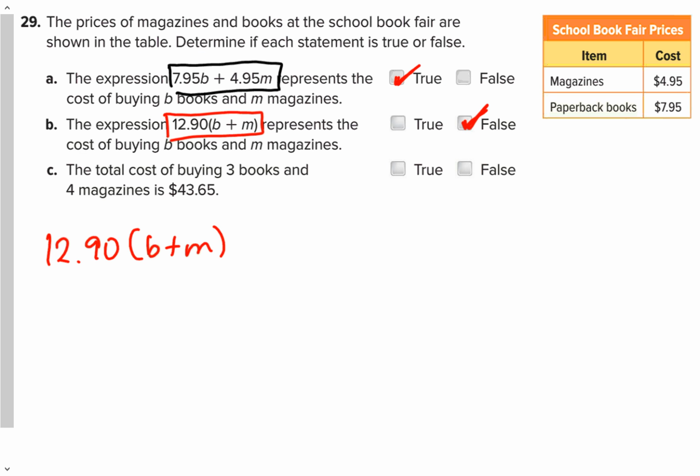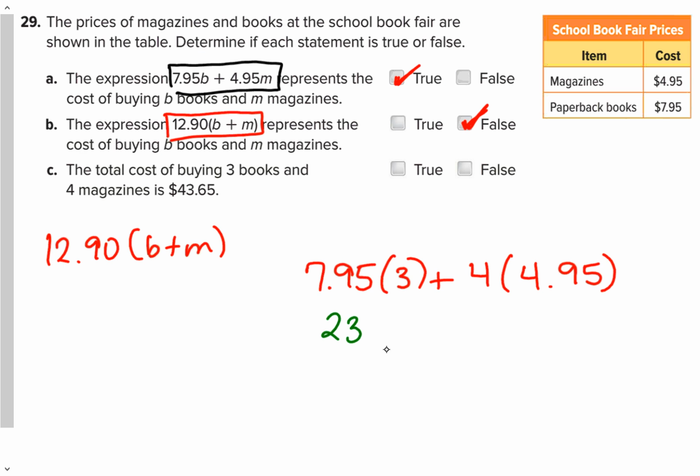All you have to do is kind of plug that in. So we have $7.95 times 3 books plus 4 magazines, which cost $4.95. So let's go ahead and evaluate that. 7.95 times 3 is $23.85.